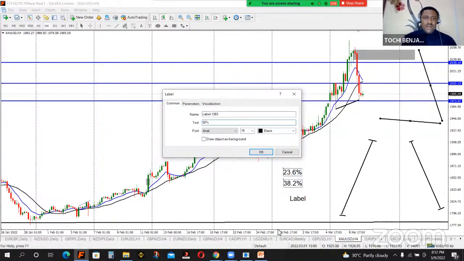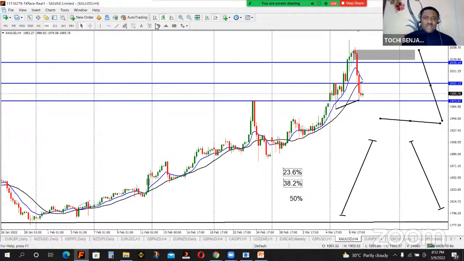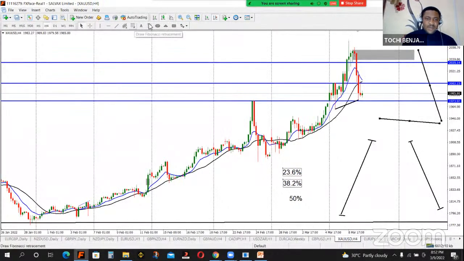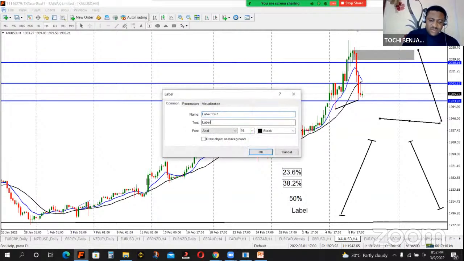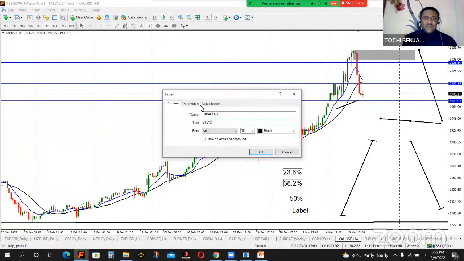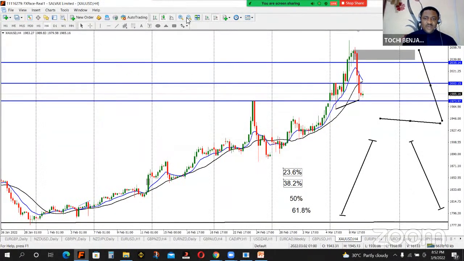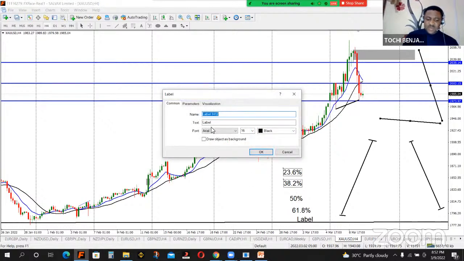We'll have the 61.8 retracement level. We'll have the 78.6 retracement level.